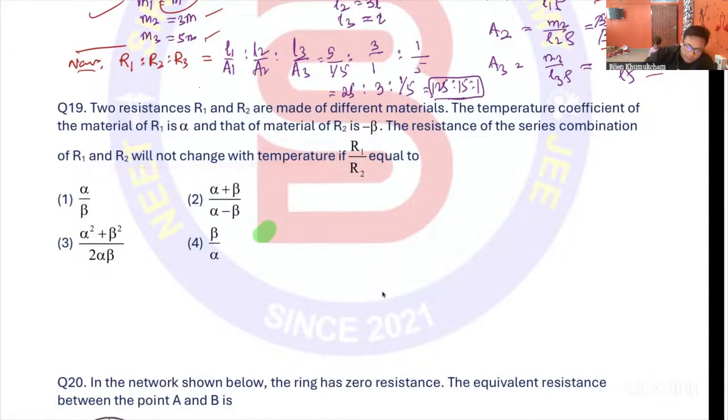First, let's find the change in resistance with temperature.